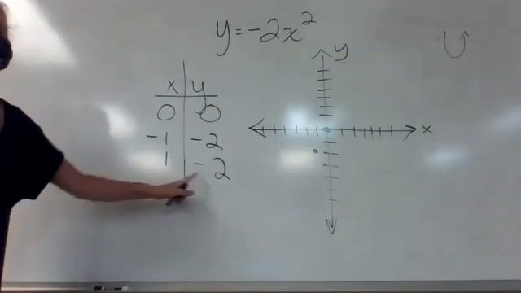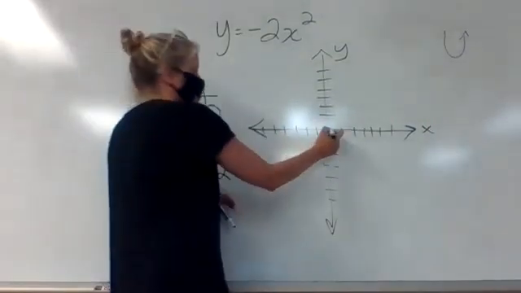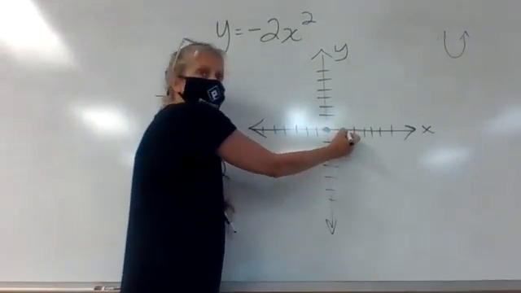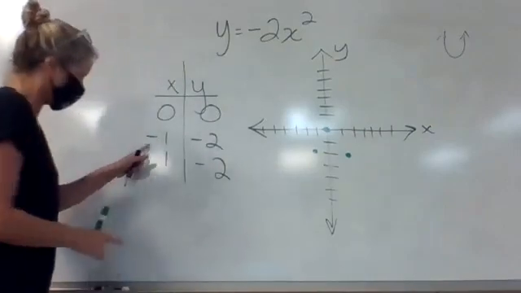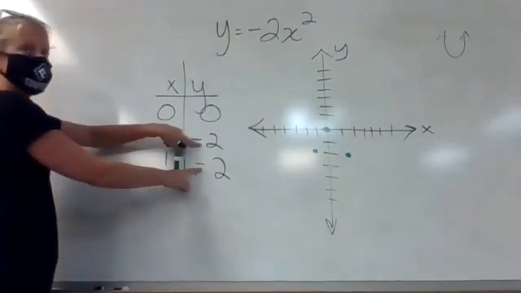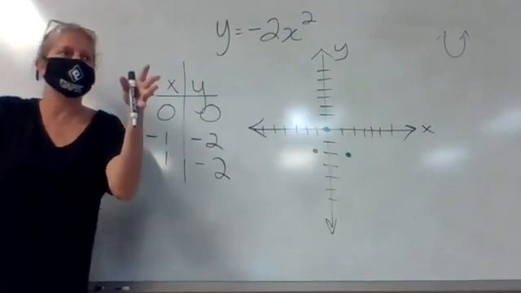Now look at this one, +1, but still -2, which would mean instead of to the left, I'm going to the right 1 and then down 2. So that right here, when these two numbers have the same y, that's what's making that shape mirror itself.